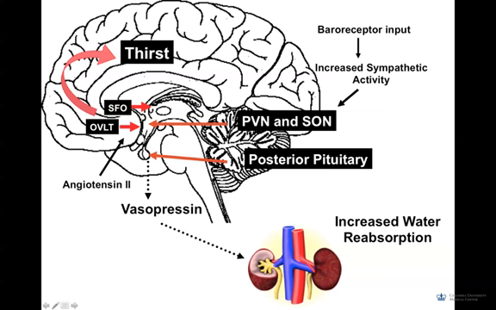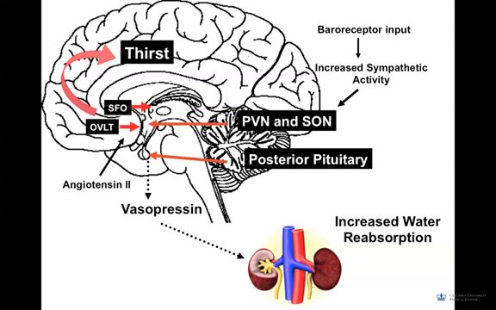So this is a brain circuit. The baroreceptors inform the brain of a drop in blood pressure. The brain sends the downward message of an increase in sympathetic nerve activity, and simultaneously it stimulates thirst and the hypothalamic release of vasopressin. So this is where these two systems intersect.